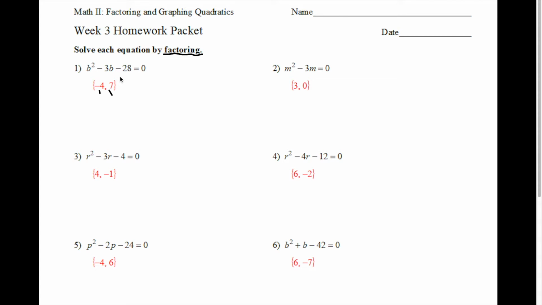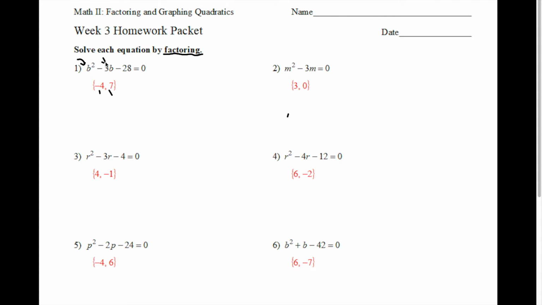On the homework packet, be careful, it gives you different variables. We say x squared minus whatever x minus whatever, but they're going to give you different variables other than x. So don't let this confuse you about your a, b, and c values.